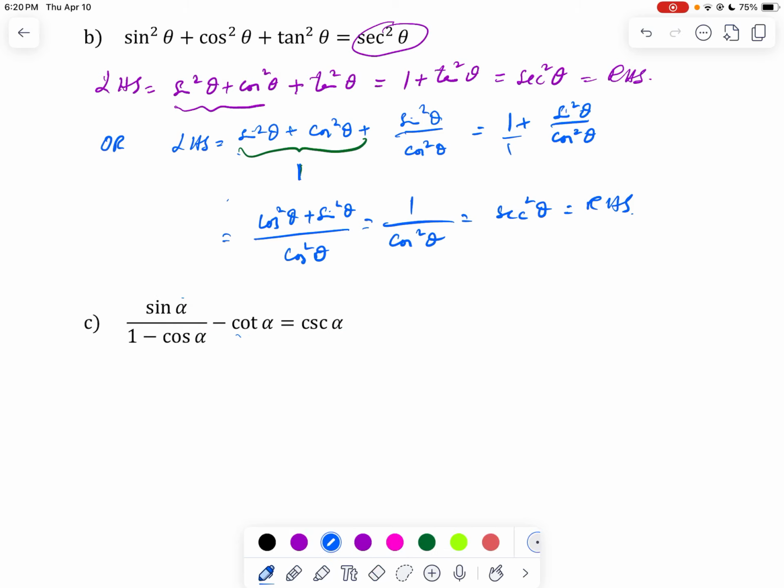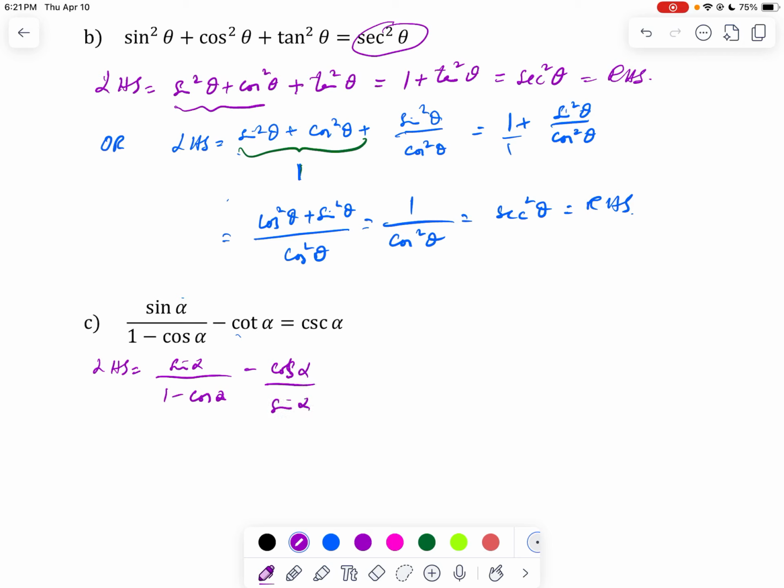try to simplify that. The left hand side, which is sine of alpha over 1 minus cosine of alpha minus cotangent of alpha. So I'm going to change it to cosine and sine: cosine alpha over sine alpha.